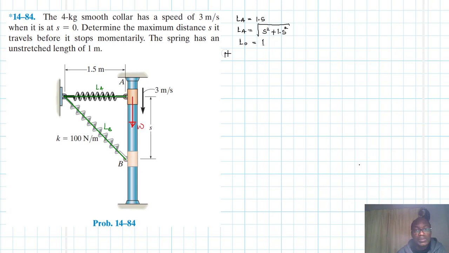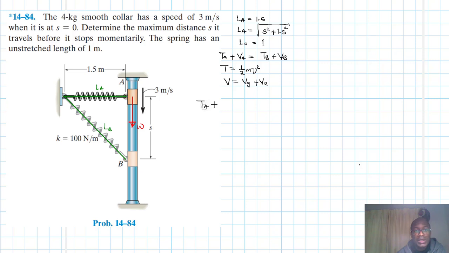Right, so the kinetic energy at A plus the potential energy at A is just going to be equal to the kinetic energy at B plus the potential energy at B. So T, like we said, is the kinetic energy, and V is the potential energy, and we have two here, gravitational and elastic potential energy.